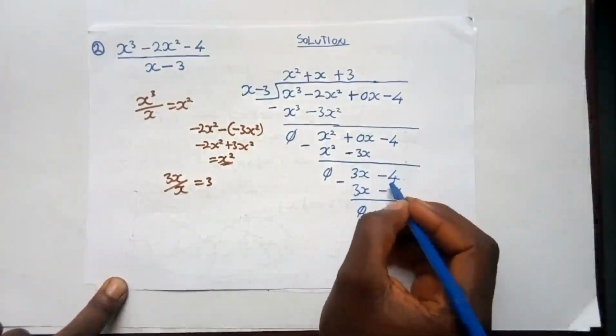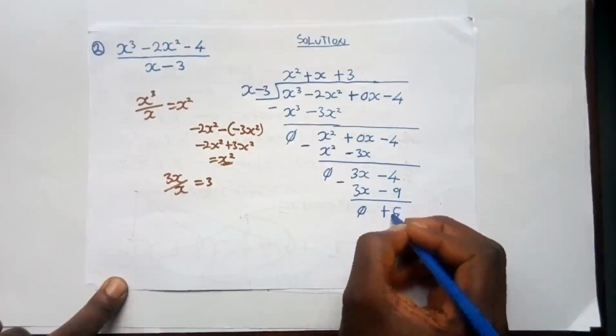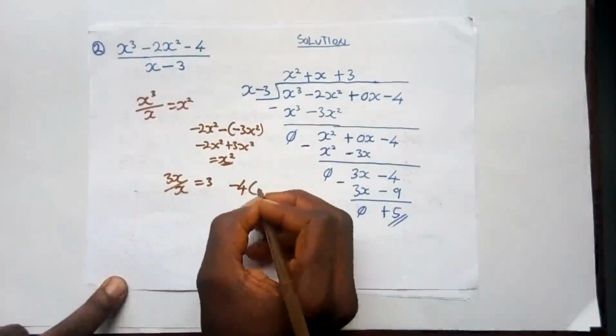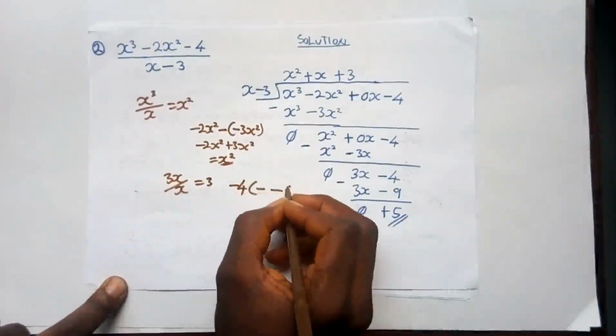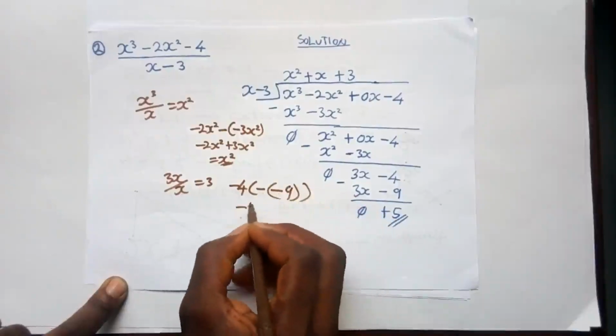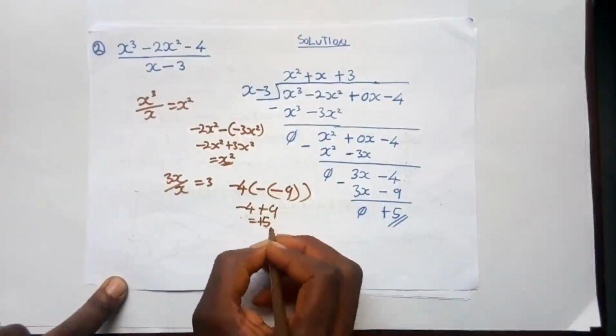And minus 4 minus minus 9 gives us positive 5. Minus minus here becomes plus. So minus 4 plus 9. 9 minus 4 is equal to 5.